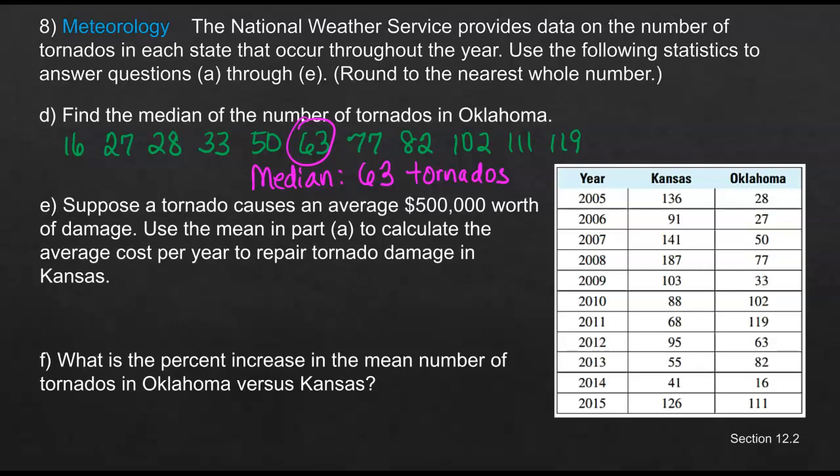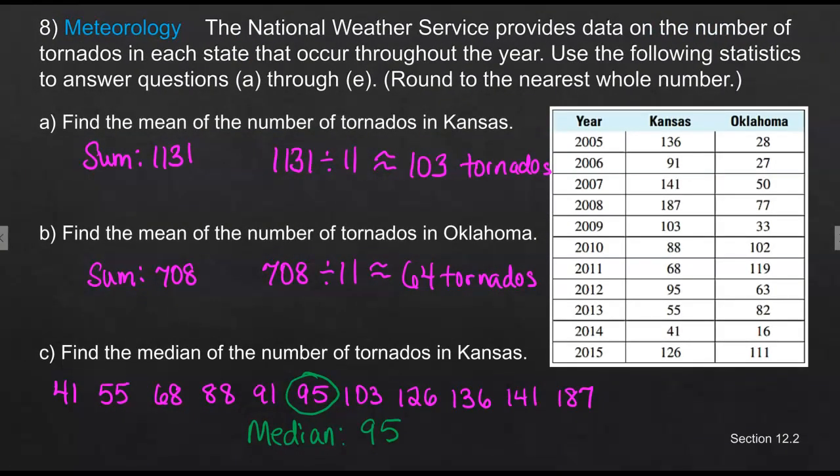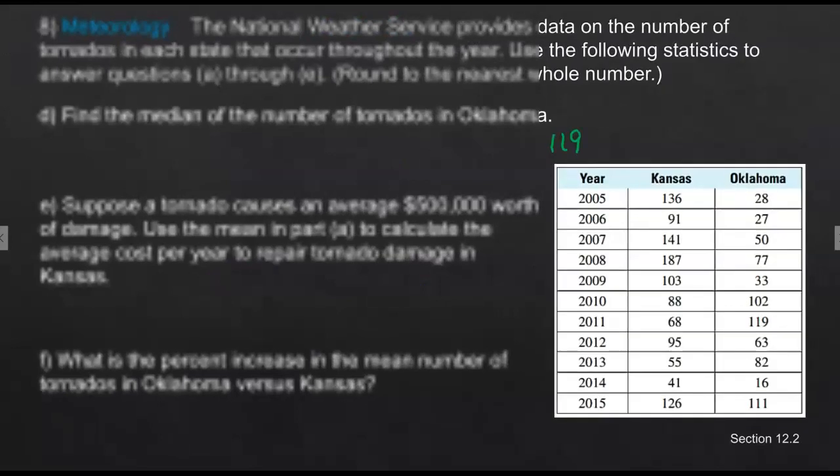All right, part E. Suppose a tornado causes an average of 500,000 worth of damage. Use the mean in part A to calculate the average cost per year to repair tornado damage in Kansas. Okay, so part A, we got an average of 103 tornadoes.